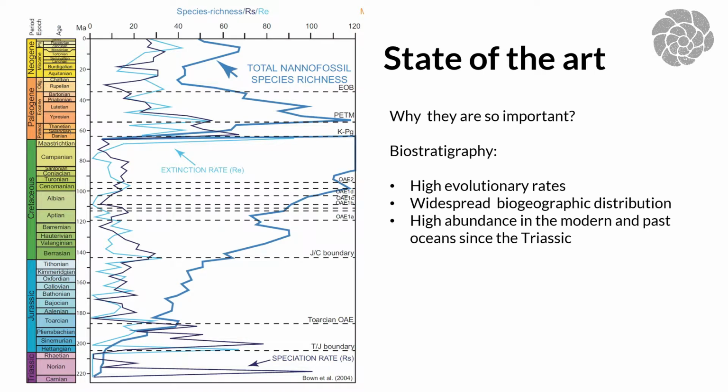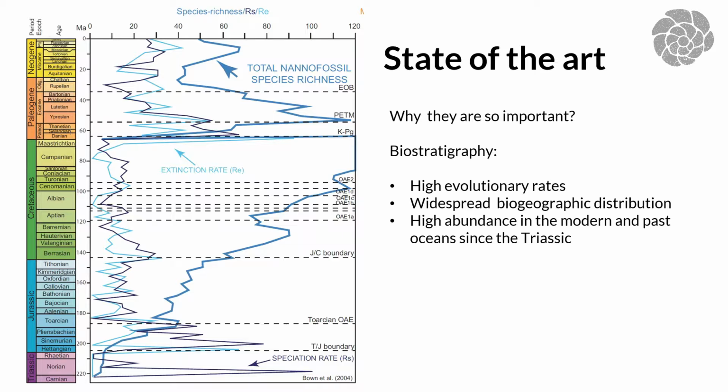And the most interesting thing is what is plotted here, that is the species richness throughout this interval. As you can see, during the Jurassic and the Cretaceous, you have an increase that peaks at the KPG boundary, where we all know the calcareous nannofossils were affected by the KPG mass extinction.